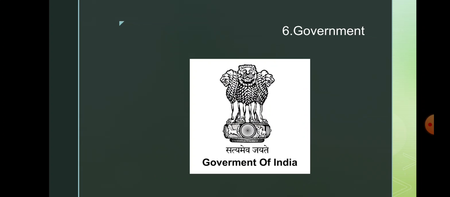Next, the last, is the government. Before giving the license, the government needs the financial statements and financial position of the company: what capital they have invested, what debts they have, who the shareholders are, what the amounts are, who the debenture holders are. Every kind of financial information should be given for the registration.